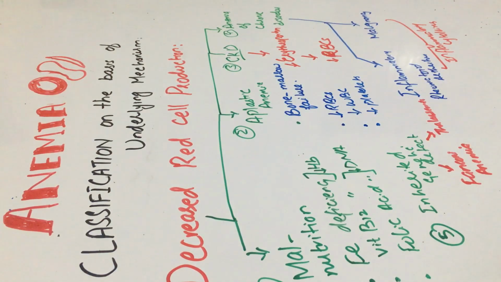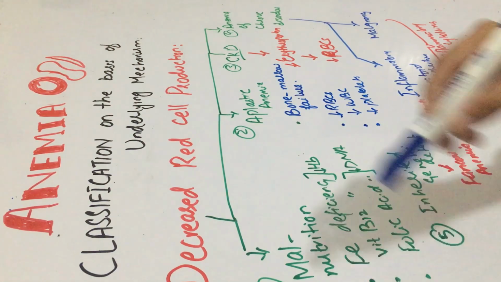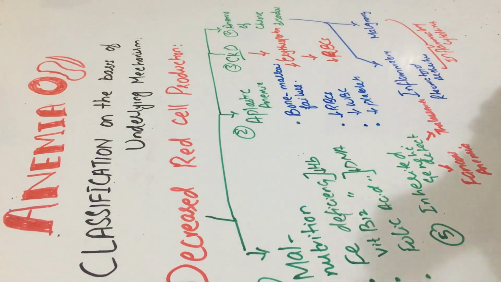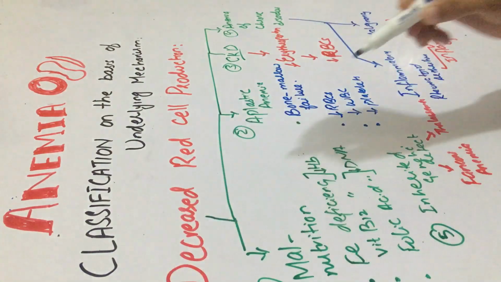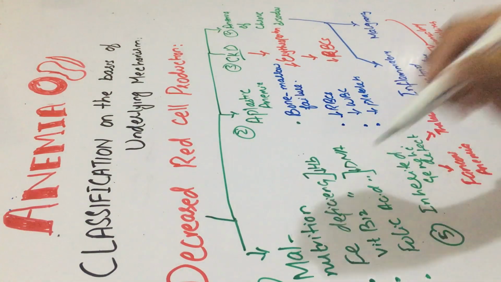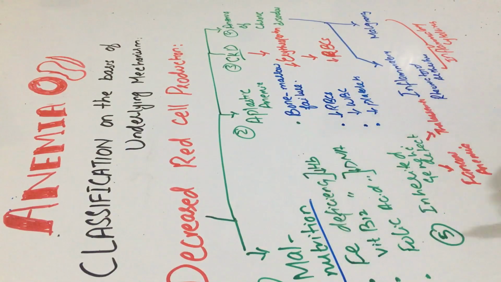So I again repeat for you, in the classification on the basis of underlying mechanism, we mainly discussed that there could be decreased red cell production, increased red cell destruction, or blood loss of RBCs. Now in decreased red cell production, the most important is malnutrition, that is either iron deficiency or vitamin B12 or folic acid deficiency, and concurrently there would be reduced red cell production.